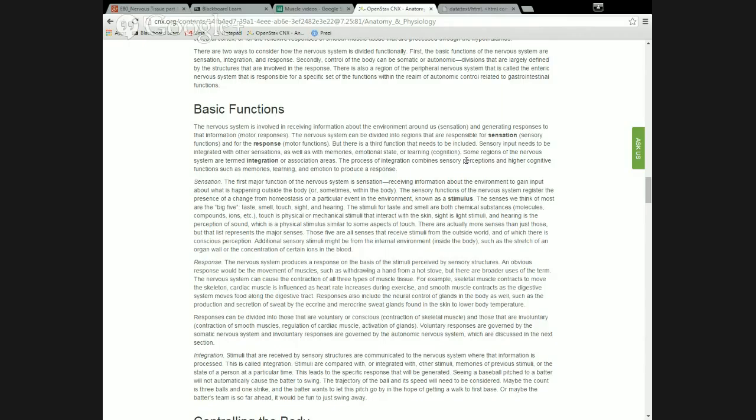So if you pull your hand back, is that going to throw you off balance? That sort of thing. So there's a little bit of integration even at the reflexive level. But those are the basic functions that are at the root of everything that we're going to talk about for neurological function, from the simplest to the most complex things.